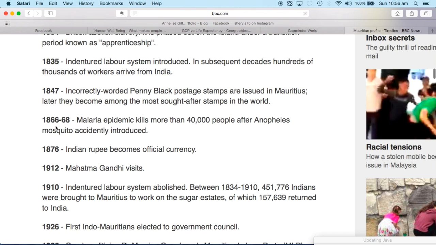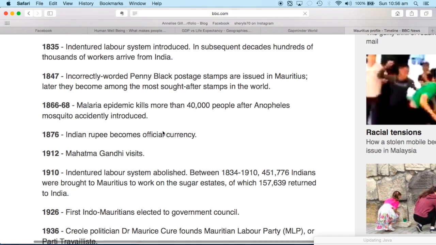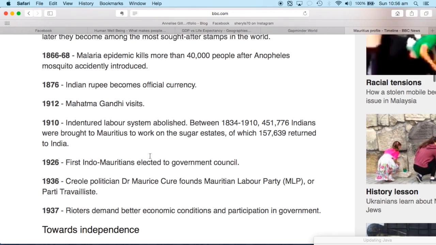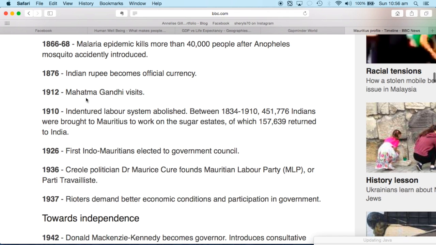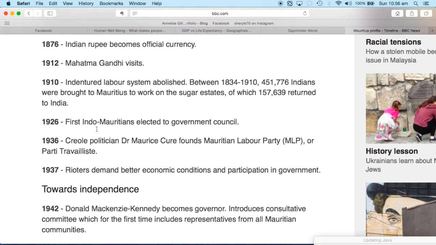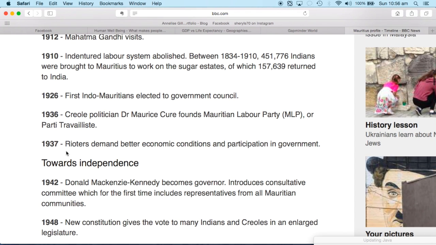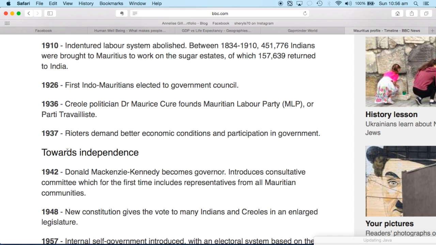This is interesting. 1866 to 1868, we have a malaria epidemic. So obviously that is going to have a huge impact on the life expectancy because people will be dying from malaria. So that was in 1868. We have a few other things that probably don't affect. 1937, we have some riots.